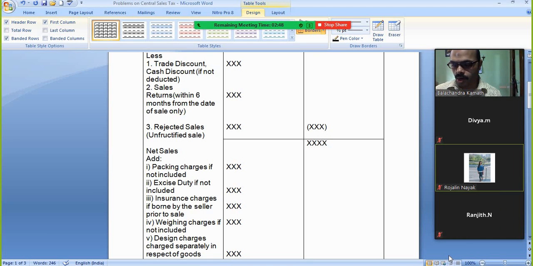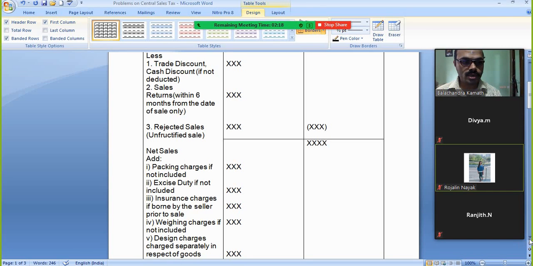So whatever is shown separately has to be deducted. Freight of this 30,000 alone is shown separately in sales invoices. That means out of 1,10,000, how much is not shown separately?